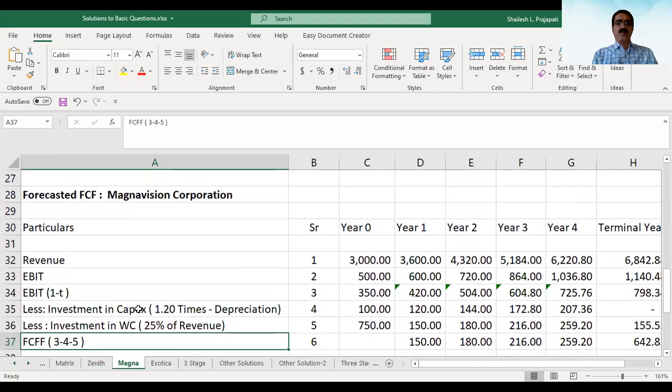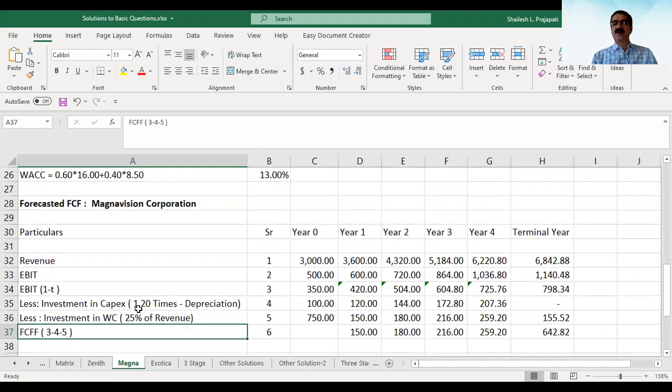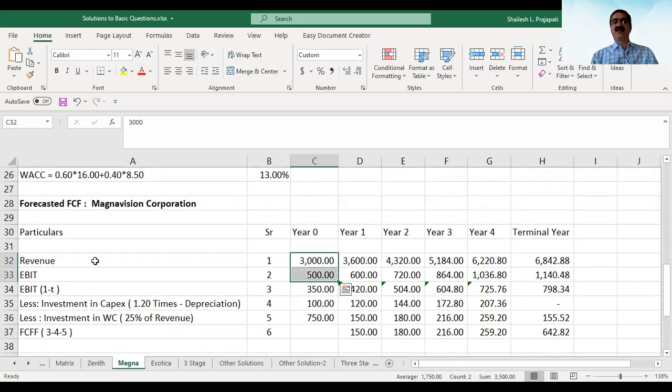So now we have to prepare the cash flow. So how do we do this? We have been told year 0 revenue is 3,000. EBIT is given. These two are given in the question. And then a growth rate of 20% was given. So we will take revenue, then EBIT, then 1 minus tax at 30%.